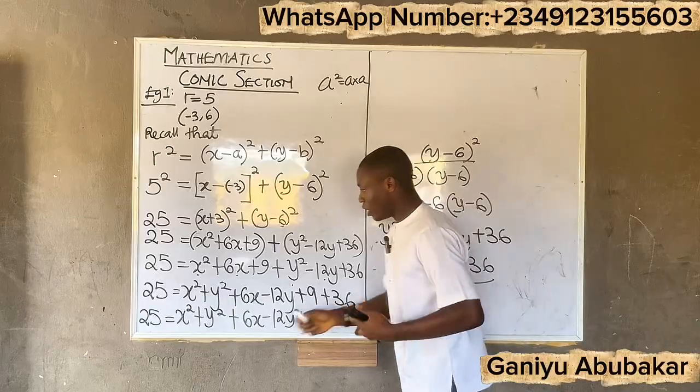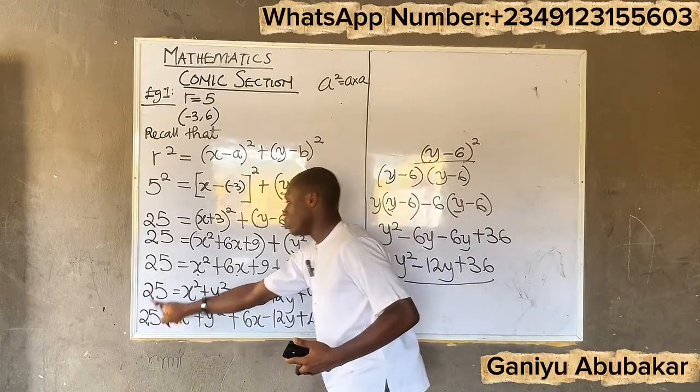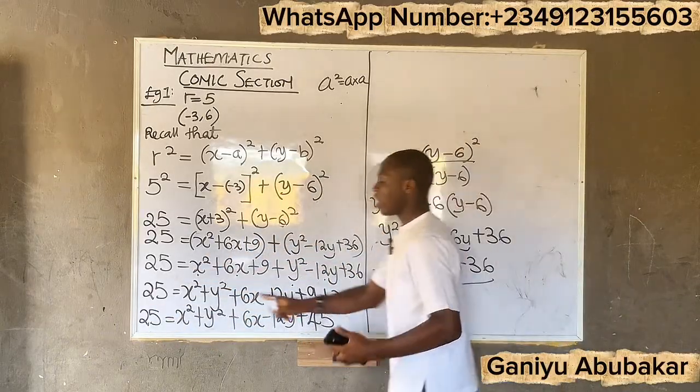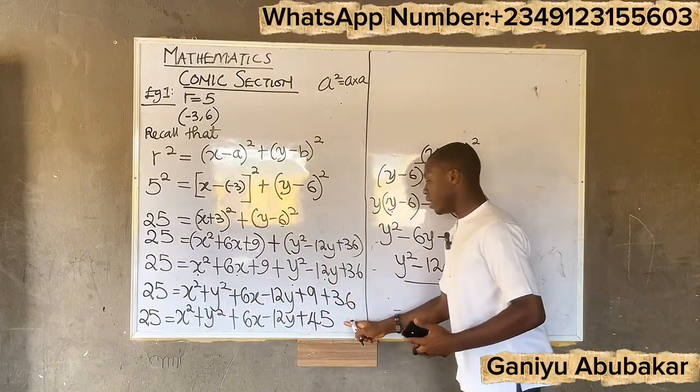All right. From here, I'll start with this. I'll take this one down here. If we add positive 25, what comes there? A negative 25.